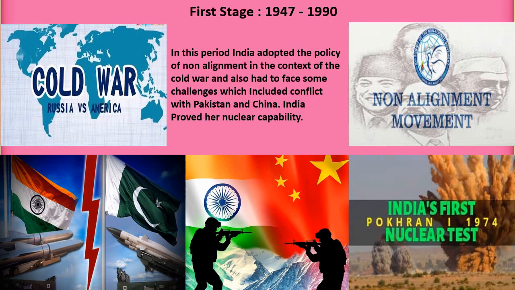Due to the policy of non-alignment, India could get aid and support from both superpowers, Russia as well as America. Now, students, there was also a lot of emphasis on strengthening India's defense, and the technology required for this was imported from the Soviet Union, France, and Germany.